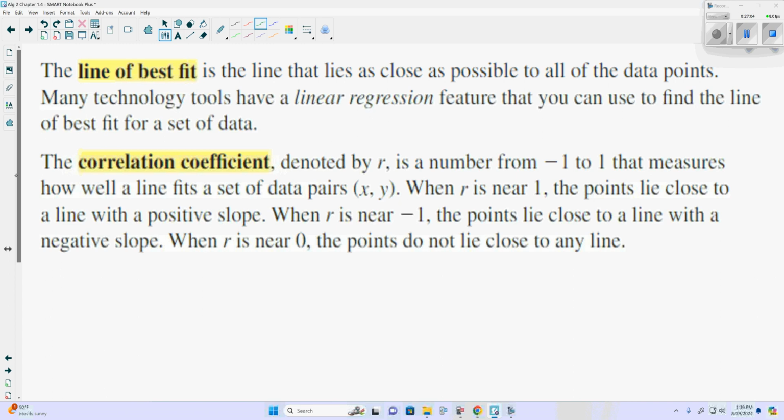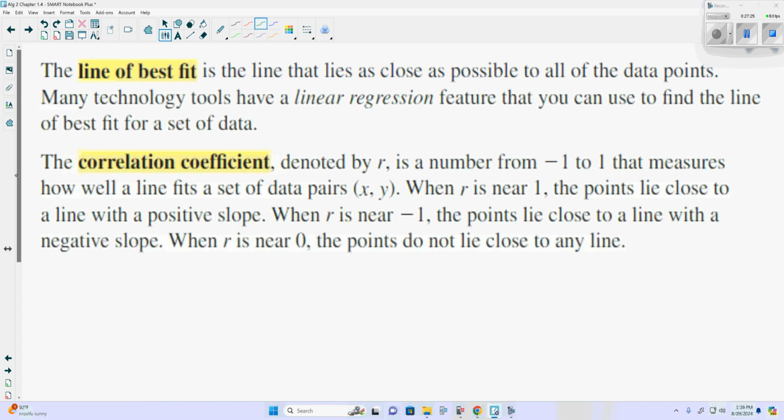Now, the correlation coefficient denoted by R is a number from -1 to 1. That measures how well a line fits a set of data points. When R is close to 1, the points lie close to a line with a positive slope. When R is close to -1, the points lie close to a line with a negative slope.